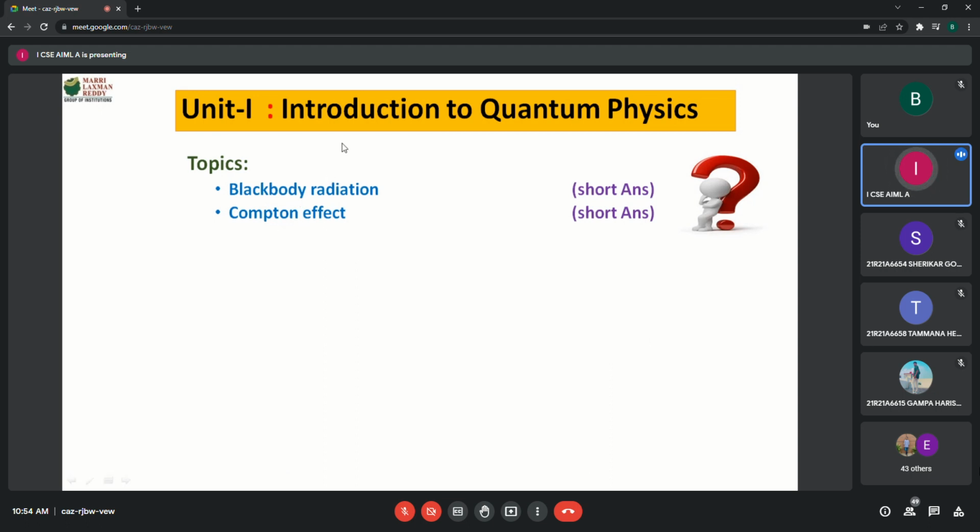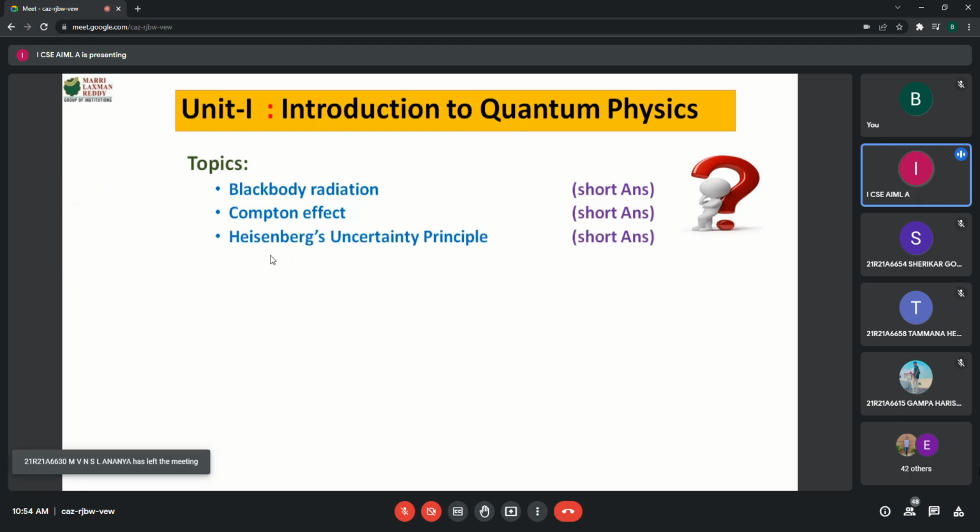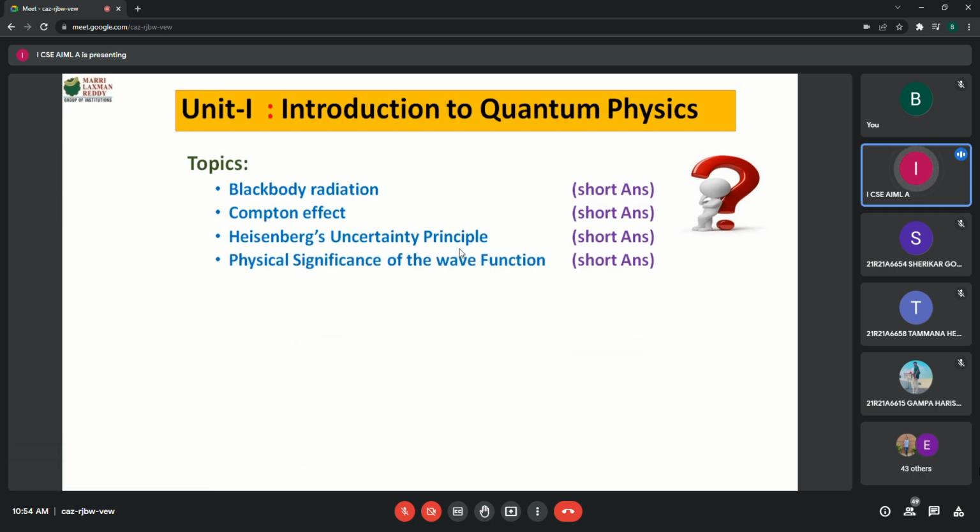The first question in this introduction to quantum physics is black body radiation. Explain about the black body radiator can be expected as a short answer question. Next, the Compton effect can also be expected, and the Heisenberg uncertainty principle. Four questions I am giving you for mid examination preparation under the first unit.